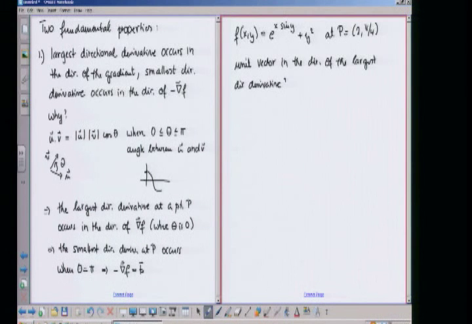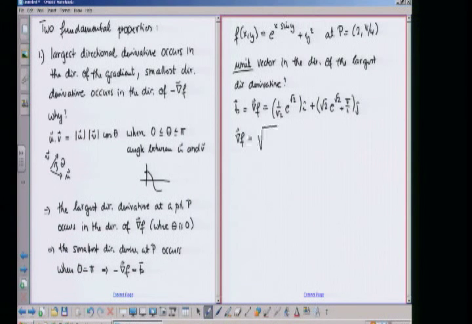So we just said the largest directional derivative will occur in the direction of the gradient, right? So b will be the gradient of f, and we calculated this previously, right? It will be 1 over square root of 2 e to the square root of 2 times i, okay? Plus square root of 2 e to the square root of 2 plus pi over 2 times j. Okay? But since I asked for the unit vector, we have to divide by the length, right?